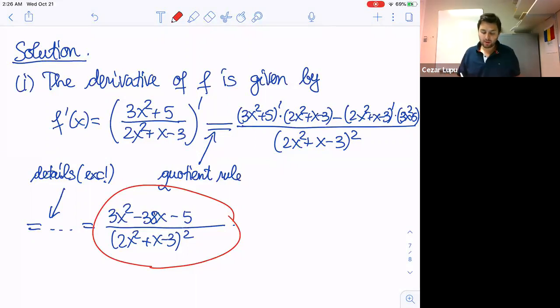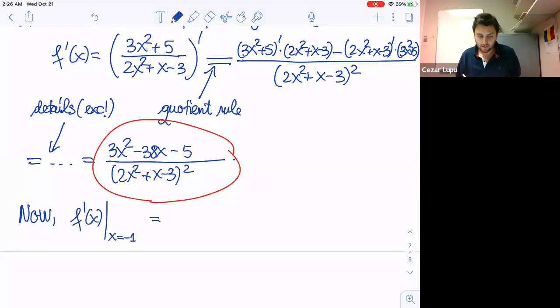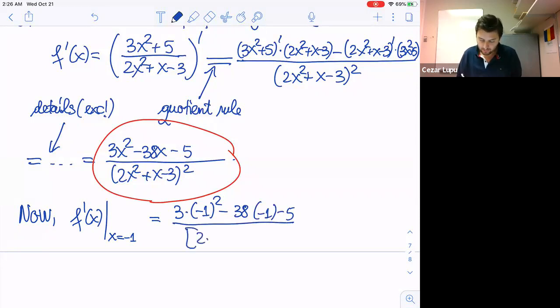Now let's evaluate the derivative. f prime of x, let's evaluate it at x equals -1. So this would be 3 times (-1) squared minus 38 times (-1) minus 5, everything over (2 times (-1) squared minus 1 minus 3), everything squared.